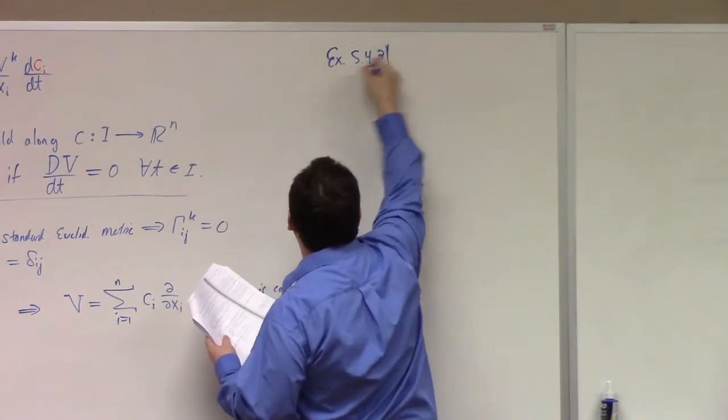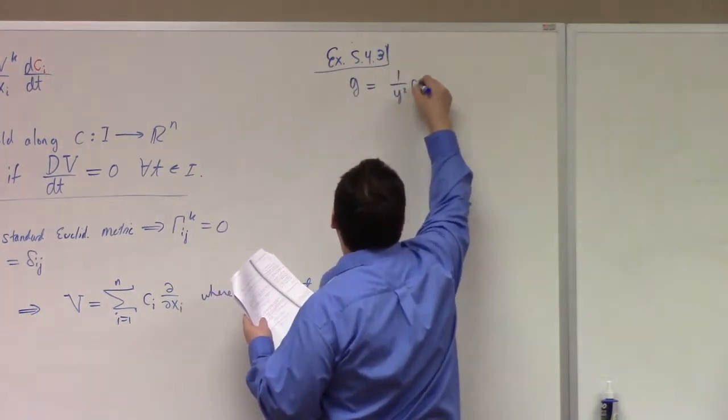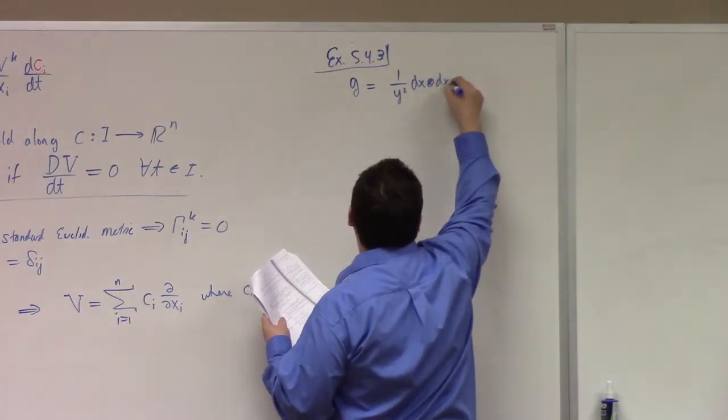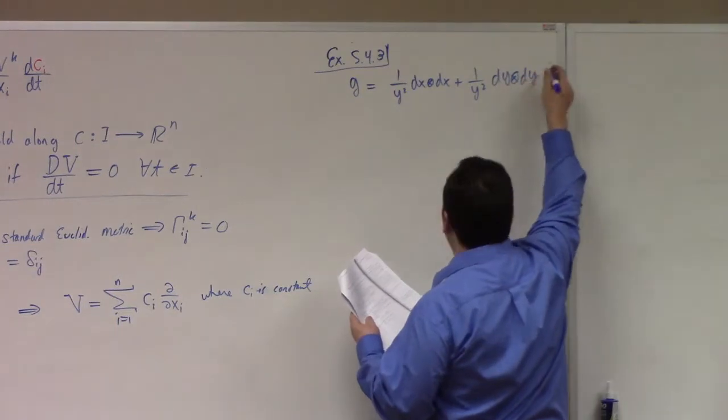So in 5.4.3, we had g equals 1 over y squared dx tensor dx plus 1 over y squared dy tensor dy.